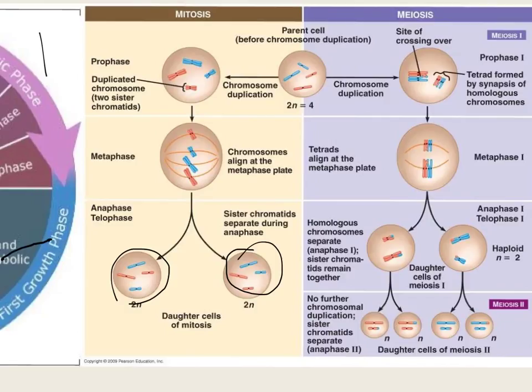The tetrads line up along the metaphase plate. And then anaphase and telophase, you now have these daughter cells, just like before, but they're sister tetrads, right? So they're in two daughter cells. So these are actually haploid cells.